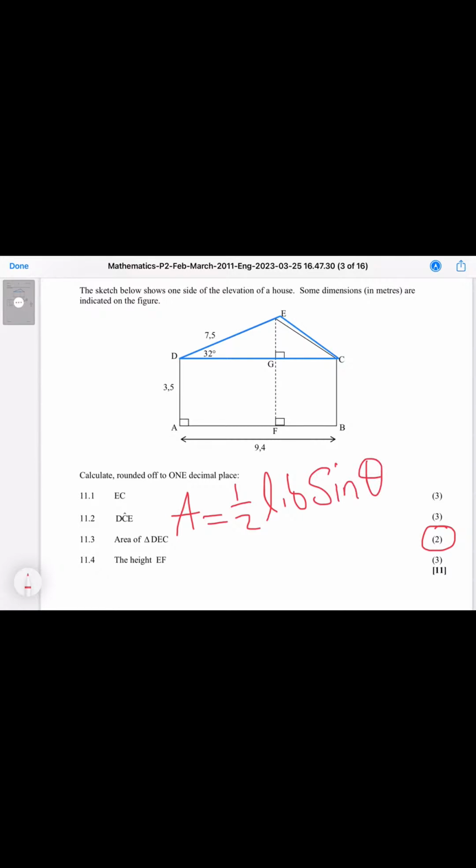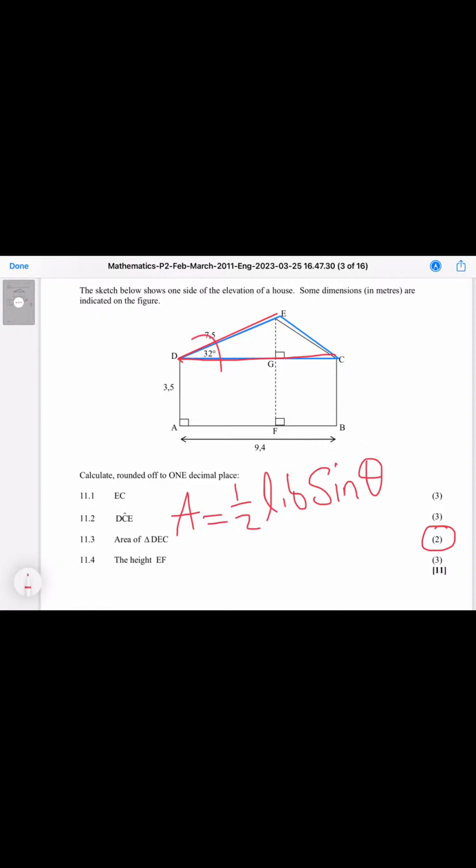So you obviously have that side there, and you are going to multiply by sine of that angle.